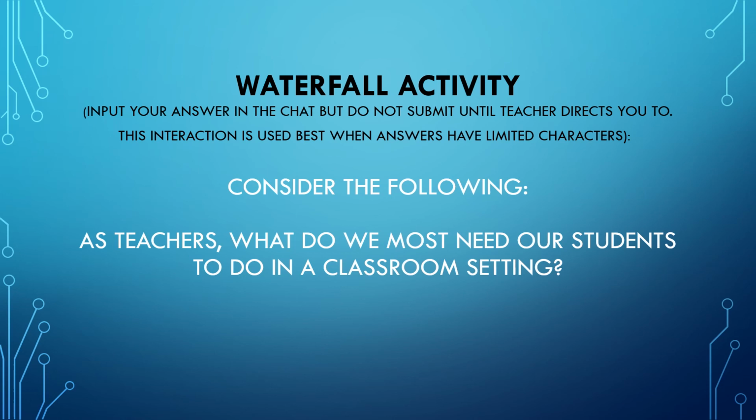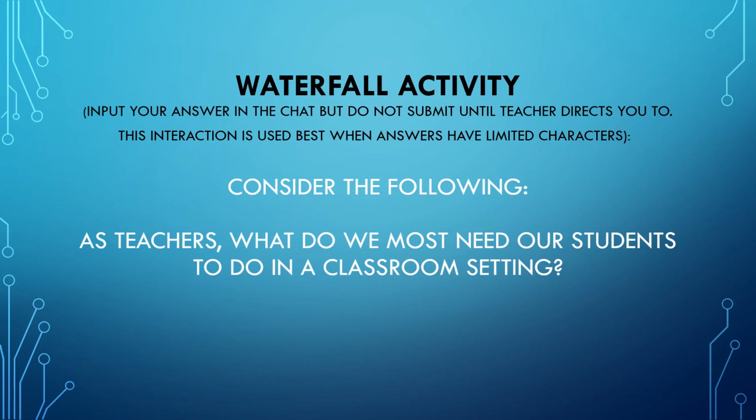Then I would see and I would check, did you respond with the answer I was looking for, which would be engagement. We need our students to be engaged. How do we do that? How do we do it in an online model?